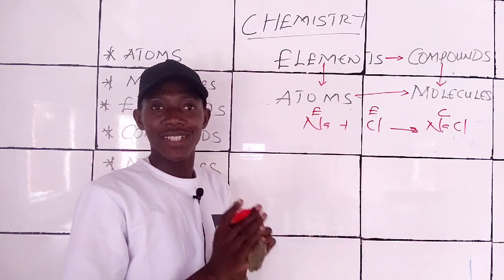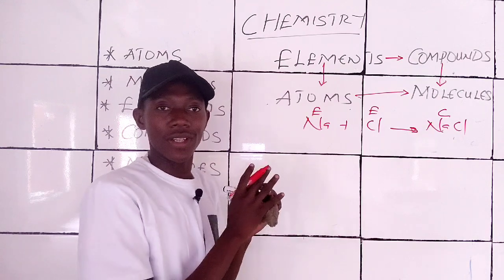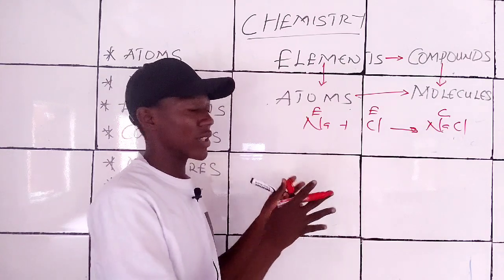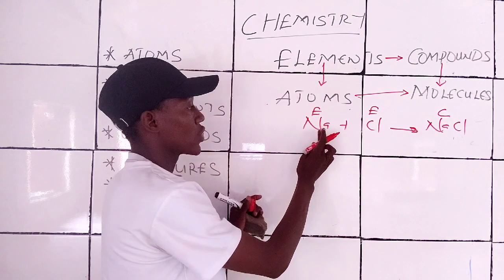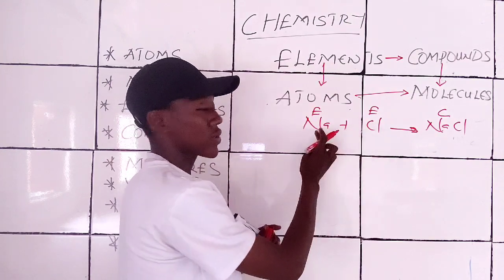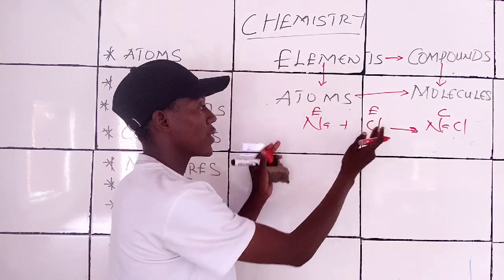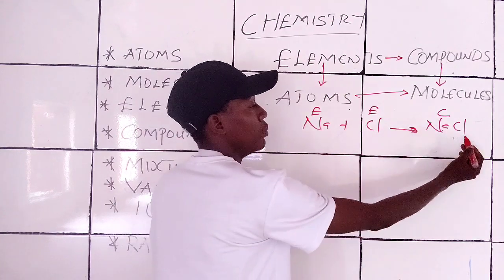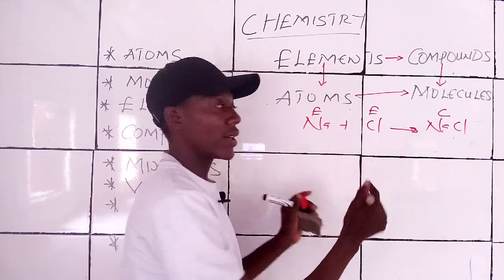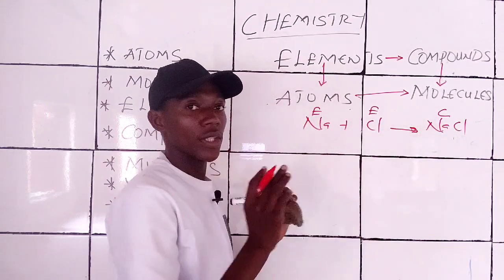I'm going to give us the detailed definition of these concepts after I'm done explaining this chart. Now, sodium and chlorine elements combine together to form a bigger substance called sodium chloride, and that bigger substance is what we call a compound.